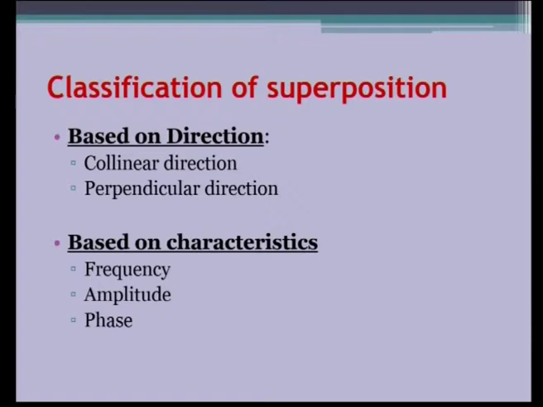Now, we have the second category based on direction, the perpendicular direction. In this case, the two oscillations would happen perpendicular to each other. Take for example, one oscillation would be happening along x axis and the other oscillation would be happening along the y axis. When they combine together, the resultant would happen in a particular plane, along the xy plane.